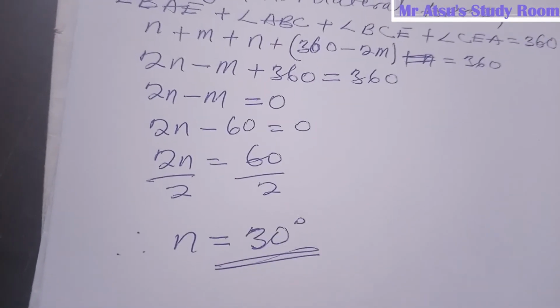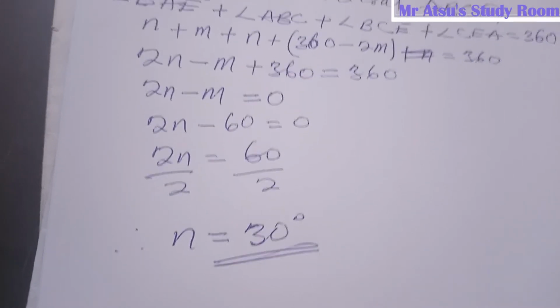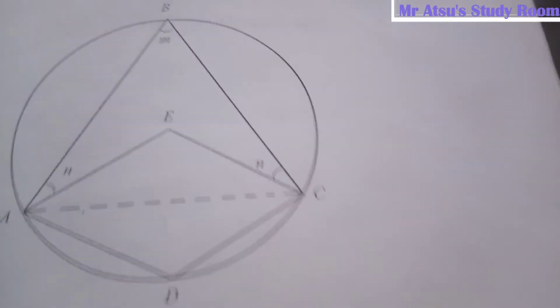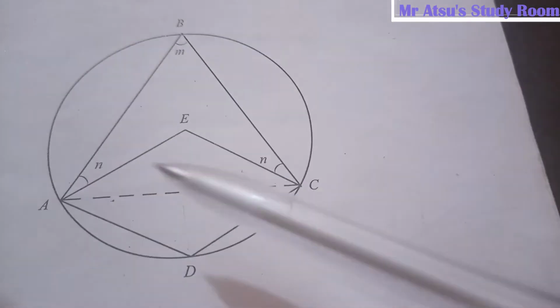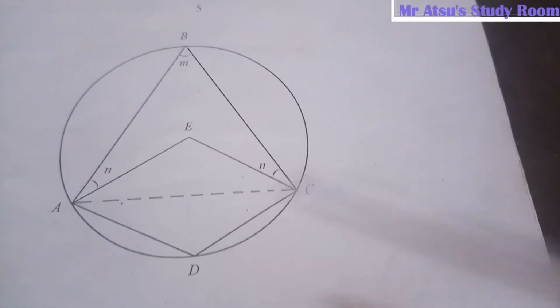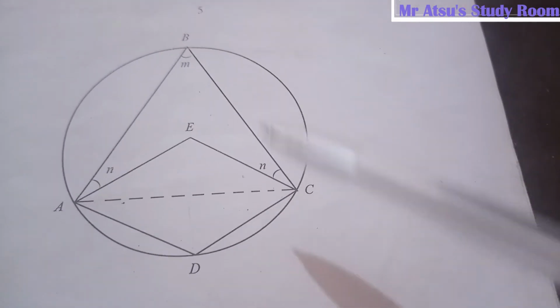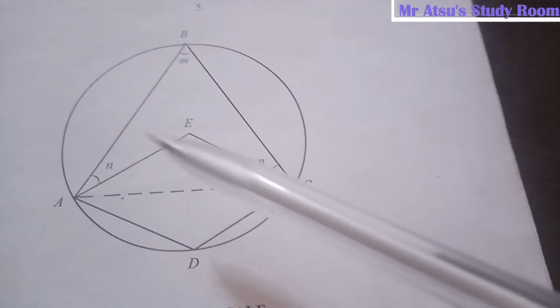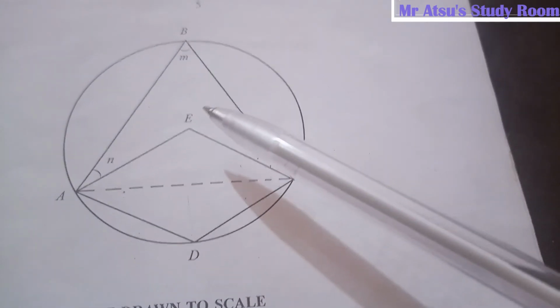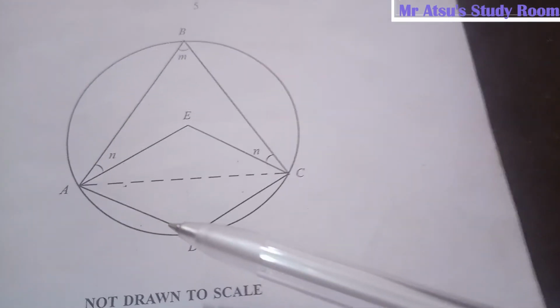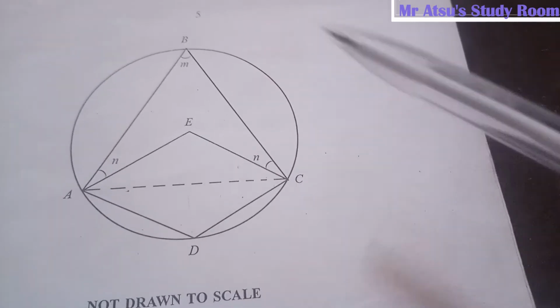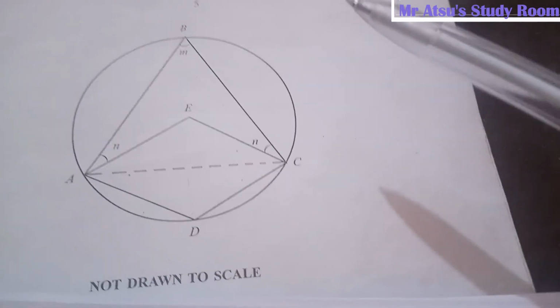But then there is another way of solving, where we consider the bigger triangle ABC instead of considering the quadrilateral ABCE, because in fact not many people will see this diagram here as a quadrilateral, so it is easier to see it as a triangle too.